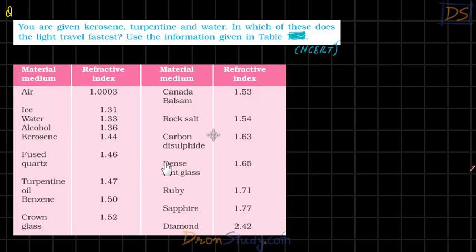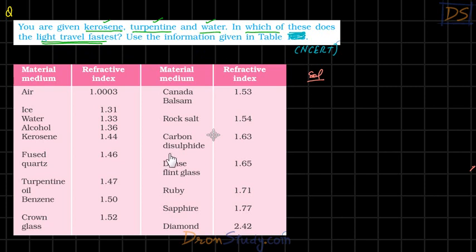Now let's do one more question like this. Students, here the question is that you are given kerosene, turpentine and water. We have to talk about these three transparent substances. In which of these does light travel fastest? We have to tell in which of these three light travels fastest.